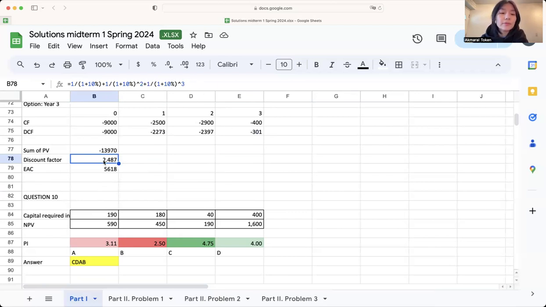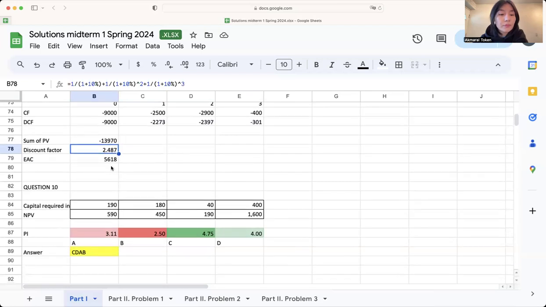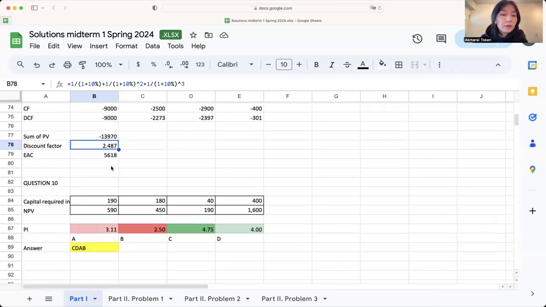And so the sum of these numbers gives us 2.5 almost. And to find the annual equivalent cost, we divide $14,000 of cash flow by the 2.5 discount factor, which gives us $5,600.